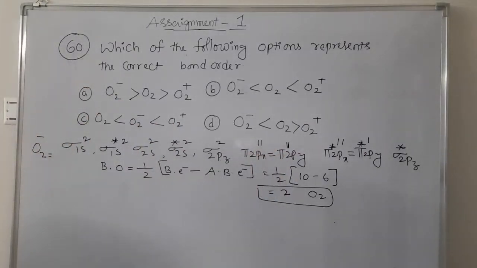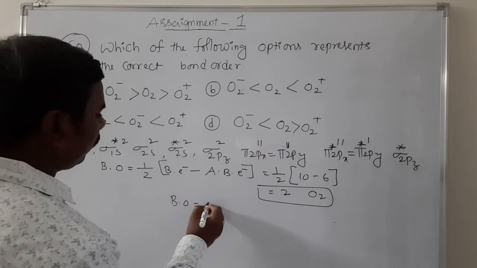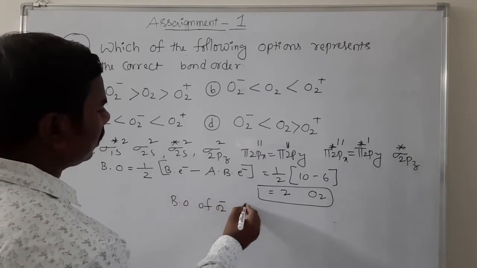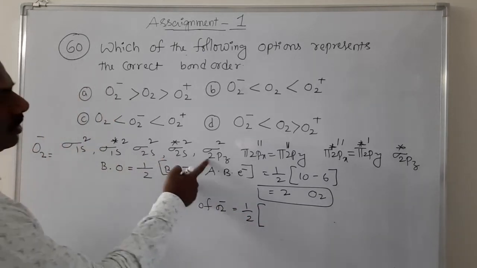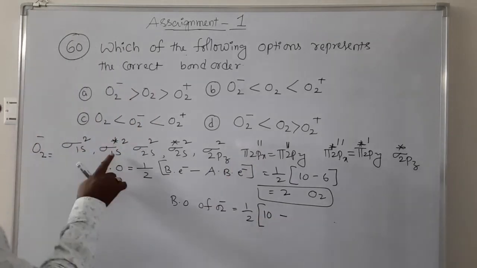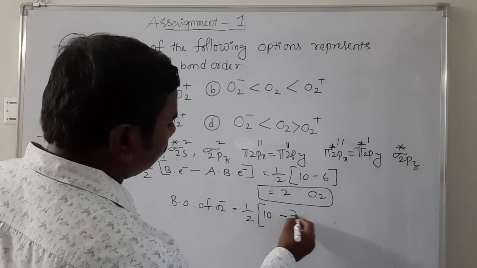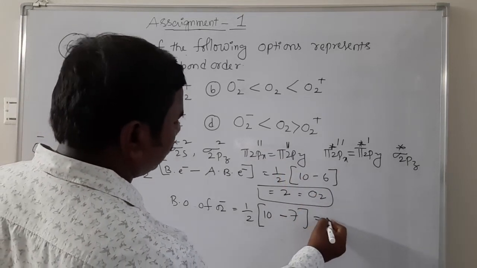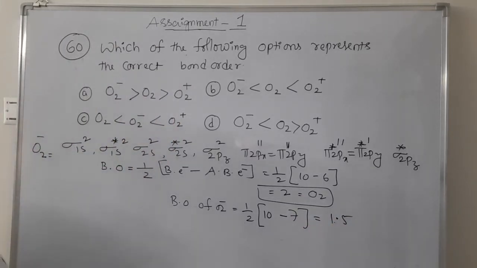Count 17 you will get. So now bond order for O2 minus is equal to half into bonding electrons, again 2, 4, 6, 8, 10, common. Antibonding 2, 4, 6, 7. 10 minus 7 is 3, so 1.5 you will get. It is O2 minus 1.